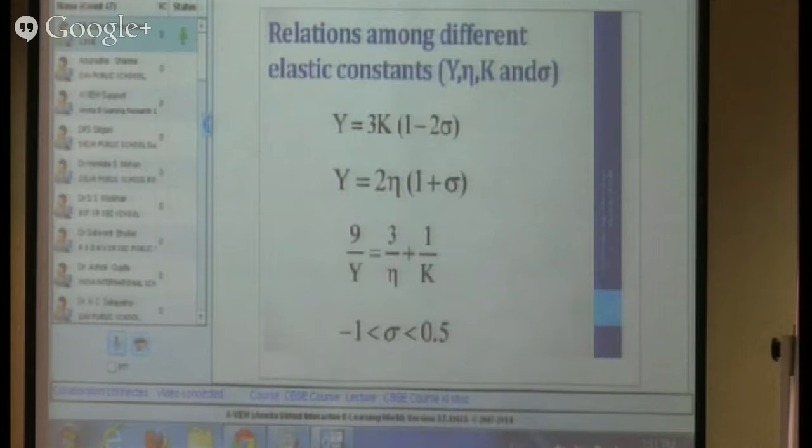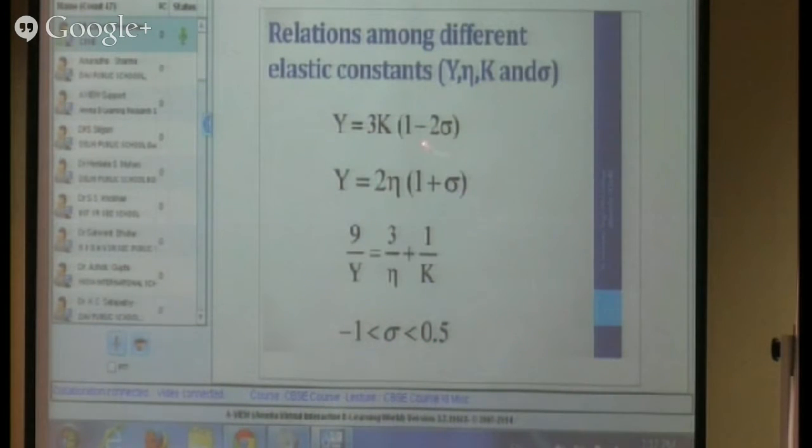Now very important, although proof once again we are not going into that. These are the interconnection relations between the Young's modulus, bulk modulus, and the Poisson's ratio, and Young's modulus, modulus of rigidity, and the Poisson's ratio. See, I told you that the Poisson's ratio cannot be 0.5 or more than that.